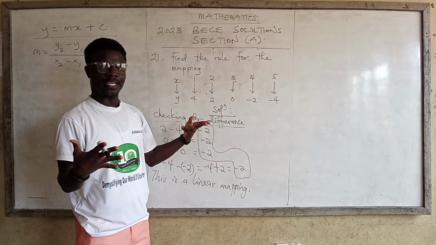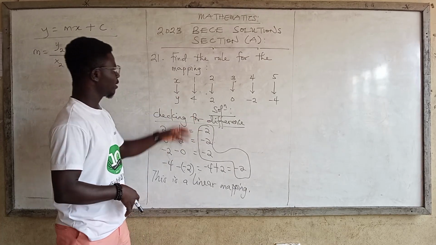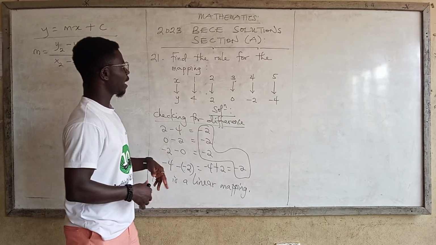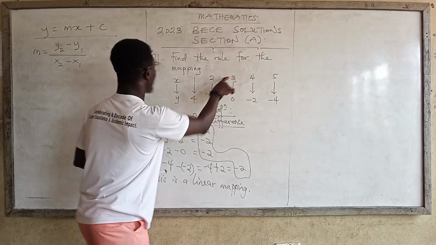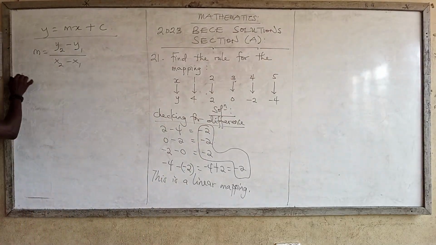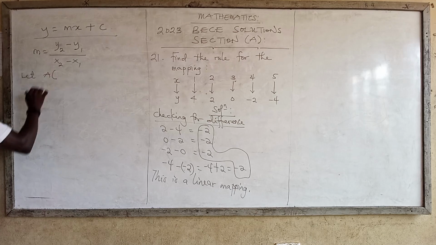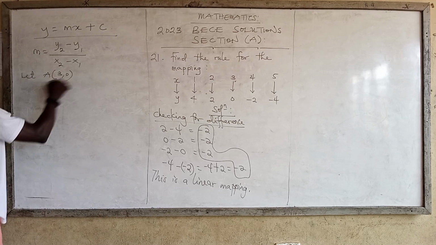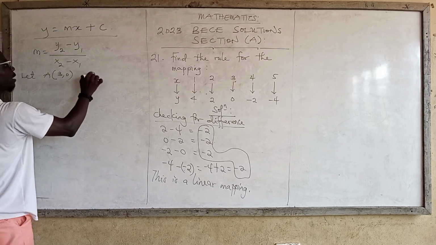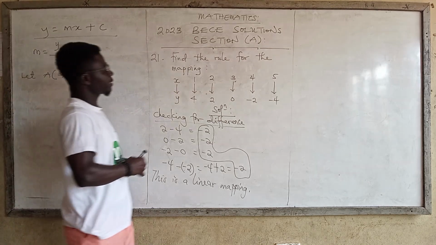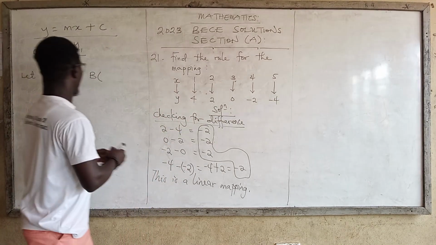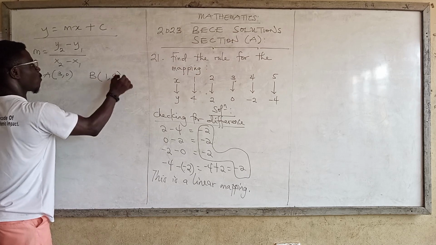How do we find the gradient of a line? You have to get 2 points. So we take any 2 points. I can select 3 then 0, so let point A be (3, 0), then point B, I can select (1, 4).